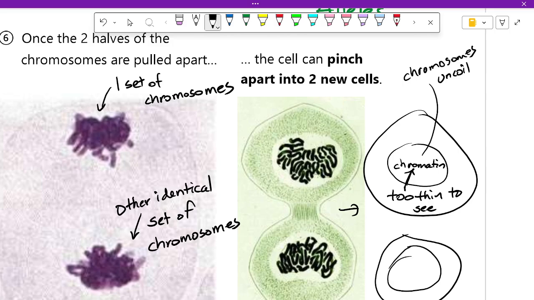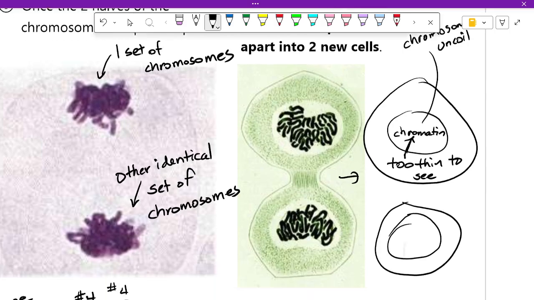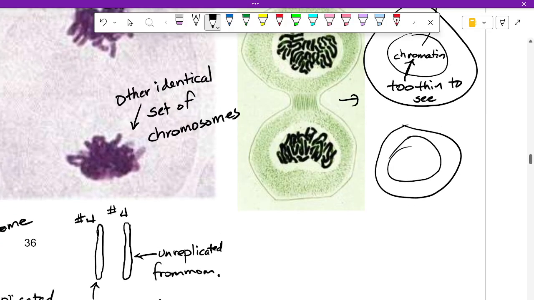Yeah? A couple other things I just wanted to mention while we're here: if we had T, which is hitchhiker's thumb, and little t, straight thumb.